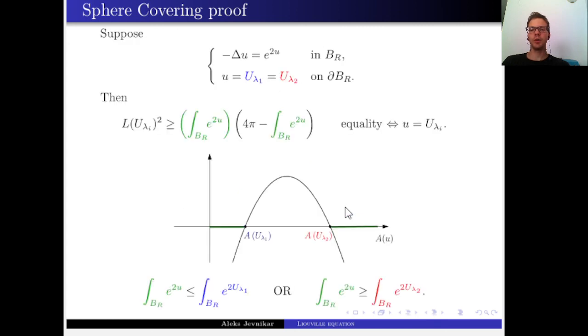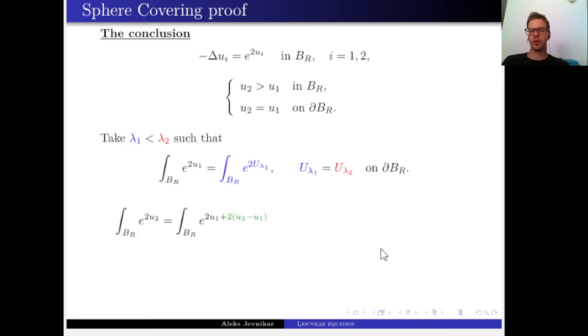So if we go back here, we cannot be in the first alternative, so we need to be in the second alternative. So we need to have an area which is bigger than the area of the bigger spherical cap. So we can conclude that all this area is bigger than the area of the spherical cap.